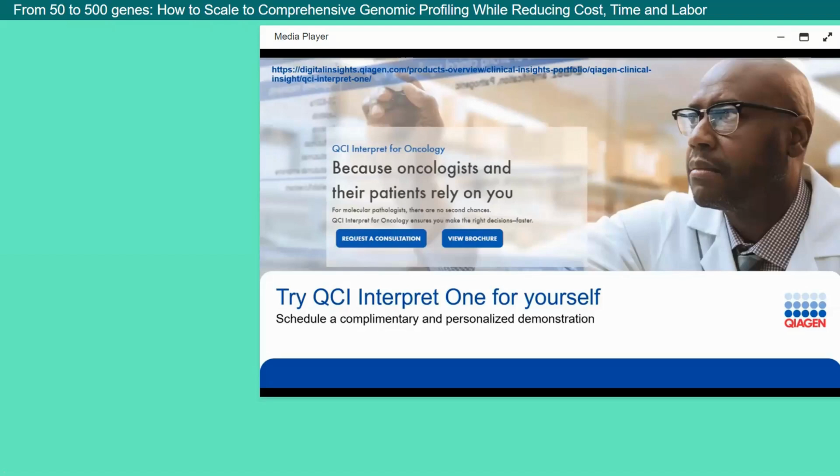Okay, thank you. The next question that we have is, what kind of variants can QCI Interpret One process and interpret, and what data files can be uploaded? So let me answer the first question first. What kind of variants can QCI Interpret One process?